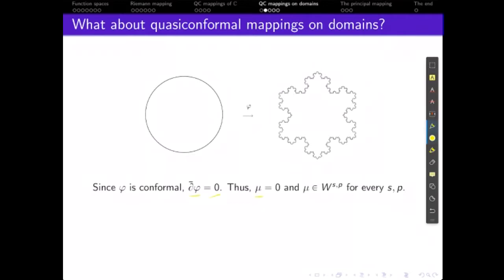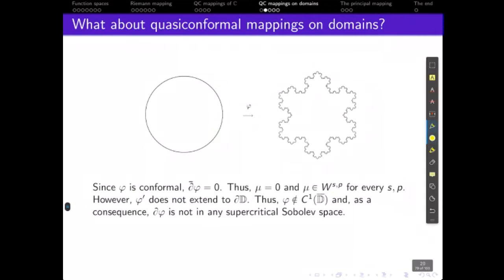Okay, the Beltrami coefficient is 0, and this means that it is in every Sobolev space, for every s and p. However, phi prime, as we said before, does not extend to the boundary of the disk. So phi is not C^1, and in particular, as a consequence, the derivative is not in any supercritical Sobolev space, because otherwise it would be C^1 by the Sobolev embedding.